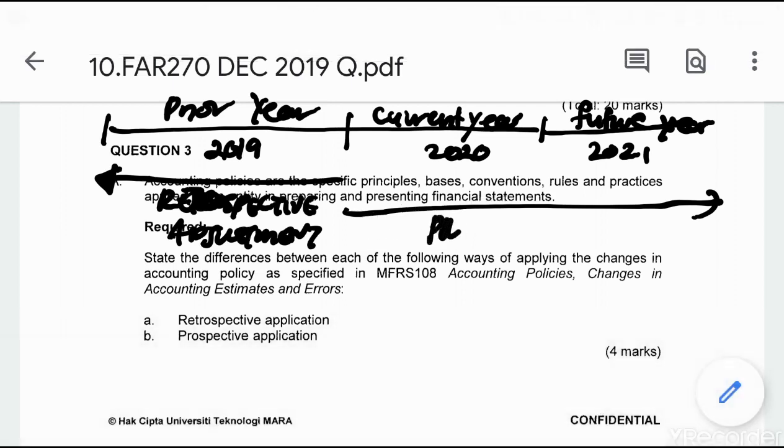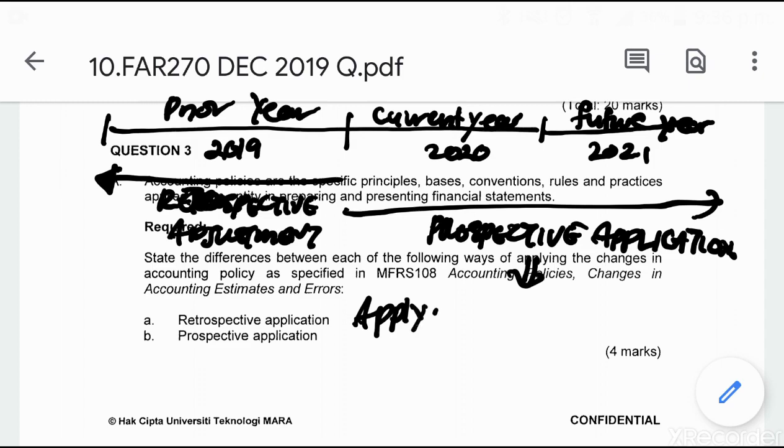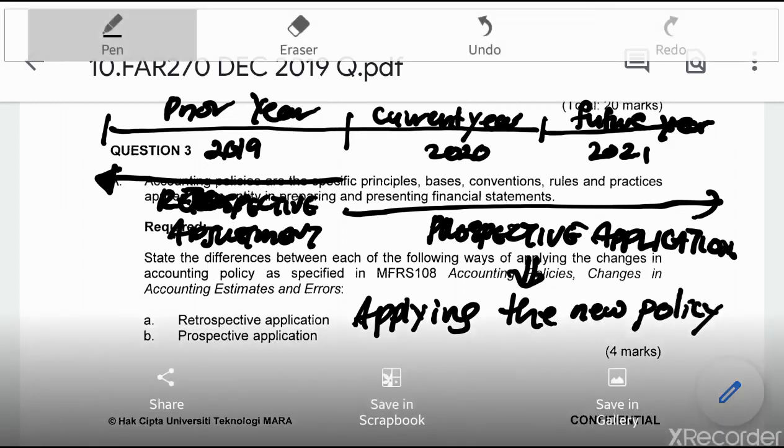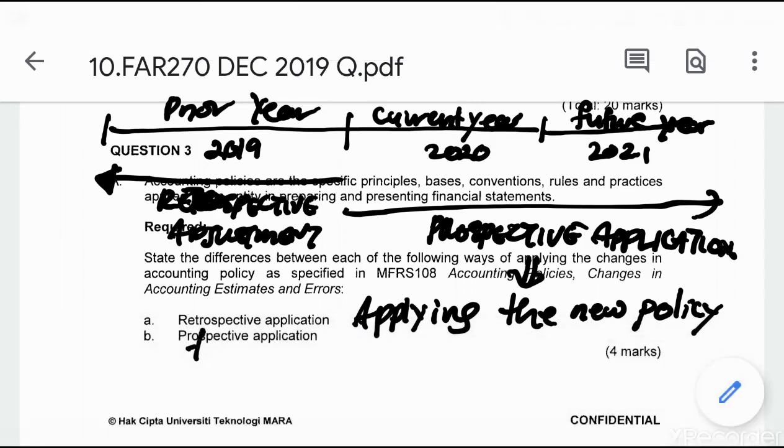So we are talking about prospective adjustment or prospective application. It's the same thing, application or adjustment. What does it mean? It means that according to the MFRS, you are applying the new policy. The new policy here refers to the new policy in recognition, measurement, presentation and disclosure, right? You are applying the new policy to the financial statement that you are preparing, of course.